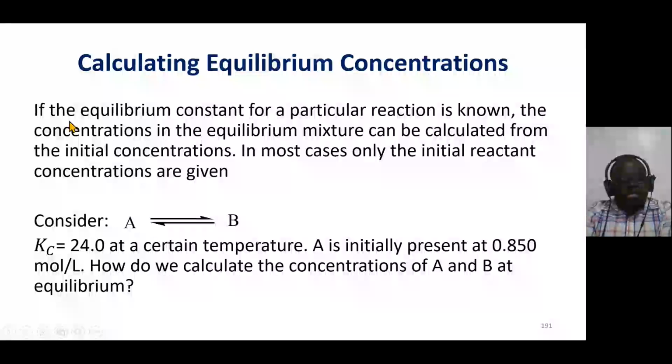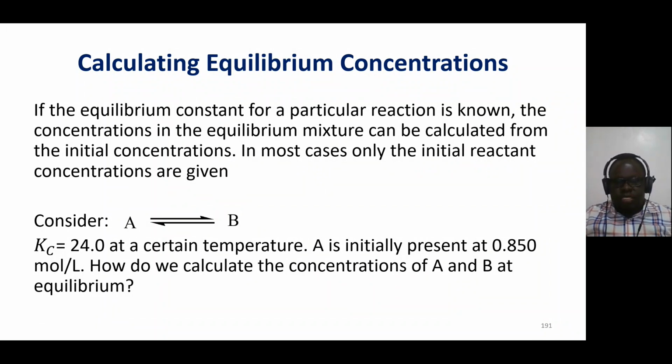So here we are saying that if the equilibrium constant for a particular reaction is known, the concentrations in the equilibrium mixture can be calculated from the initial concentrations. In most cases, only the initial reactant concentrations are given.